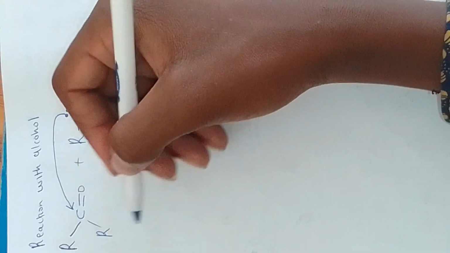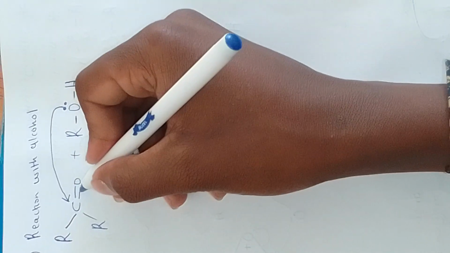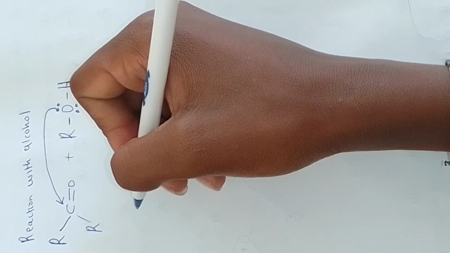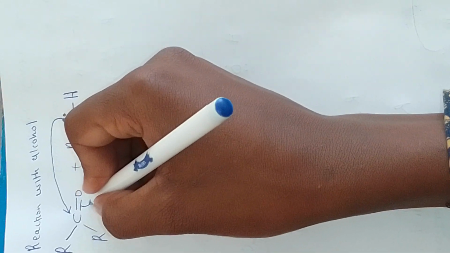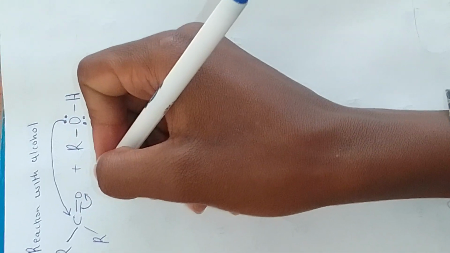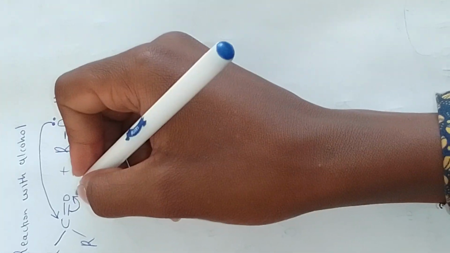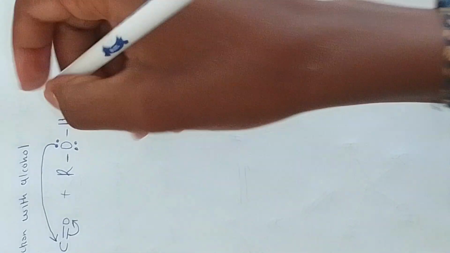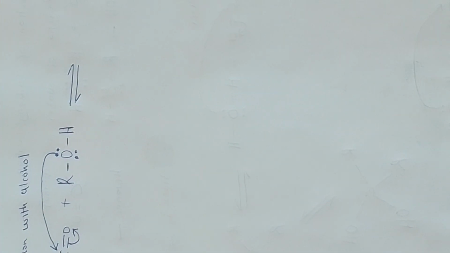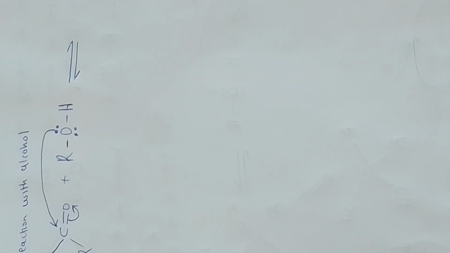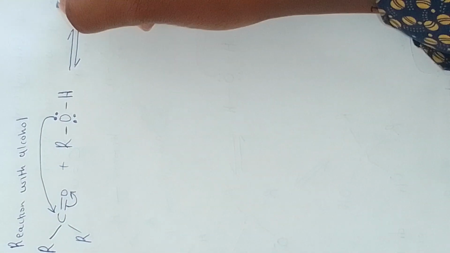So as this carbon is attacked, it opens up one of the bonds with oxygen. This bond will open up and electrons will go back to oxygen, and the process continues. The process is reversible, and it rearranges itself like this.